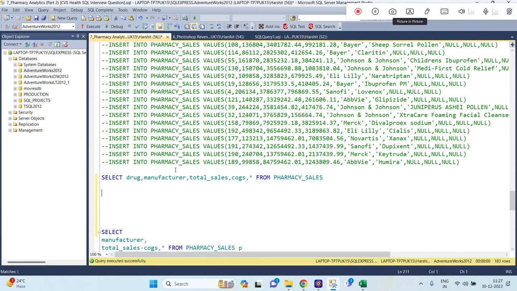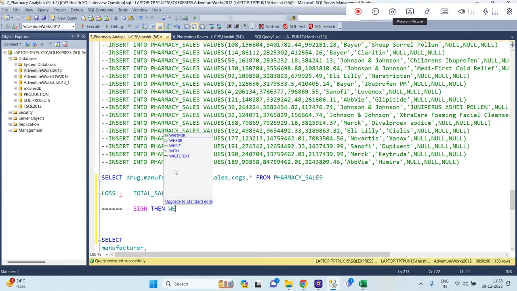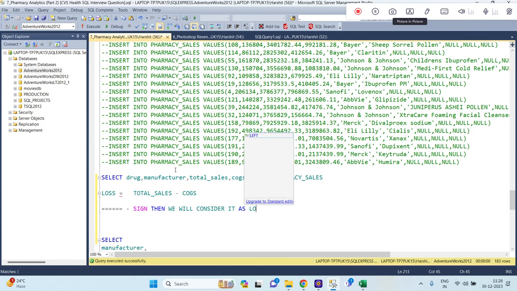So here the definition of losses is equal to total_sales minus COGS, cost of goods sold, and if this result comes in the minus sign, then we will consider it as a loss, right?